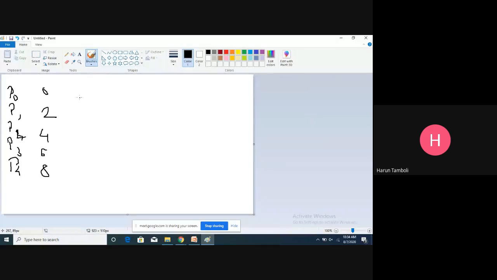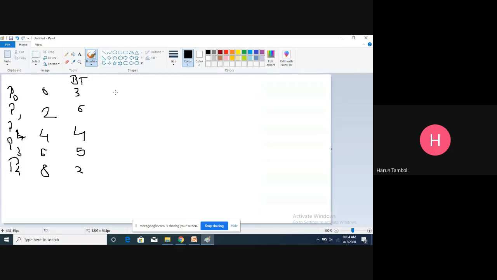And burst time, suppose burst time for process P0 is 3, P1 is 6, then P2 is 4, P3 is 5, and P4 is 2.